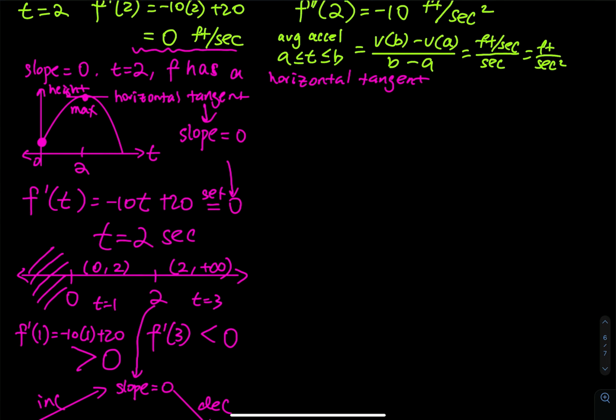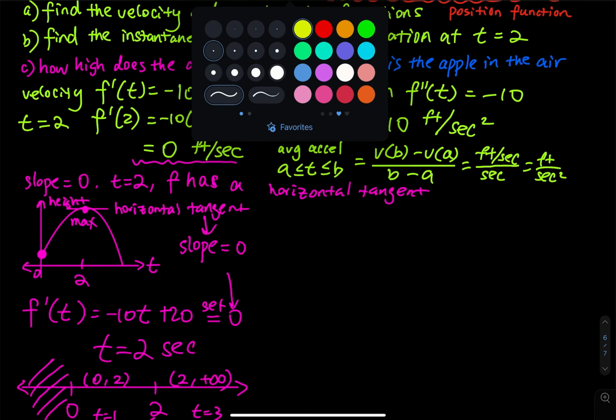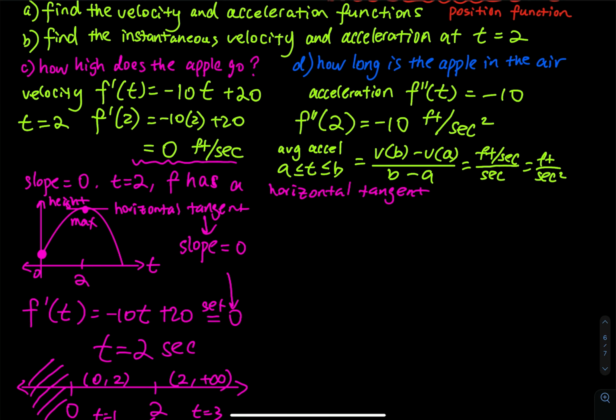Last question. The last question is, how long is the apple in the air? So from the beginning to the end, I should follow the blue color. Oh, this is a highlighter, huh?